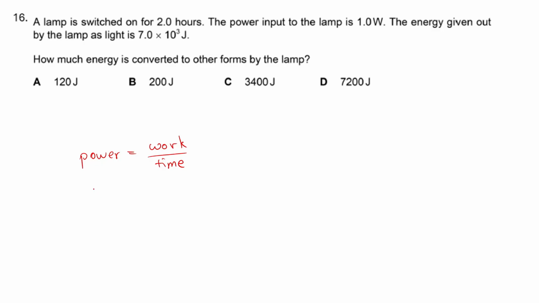In this case, our power is 1.0 and our time is 2.0 hours. And then 2.0 hours, you have to convert this into seconds because the SI unit for power is in seconds. So this is going to be 3,000.